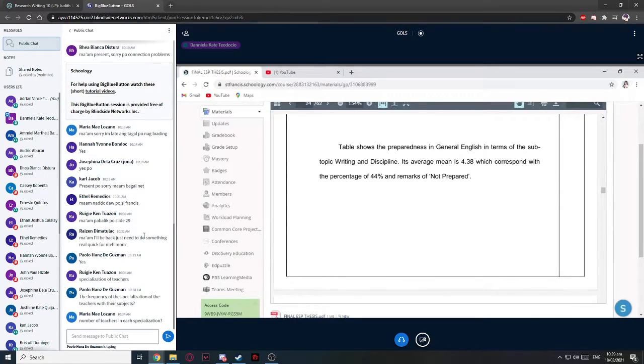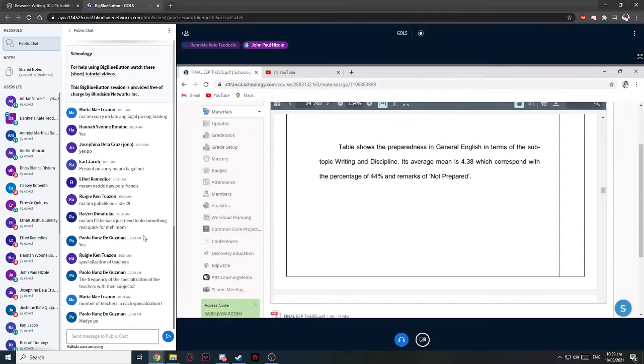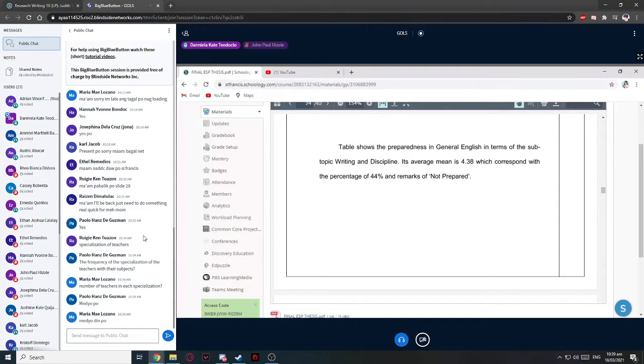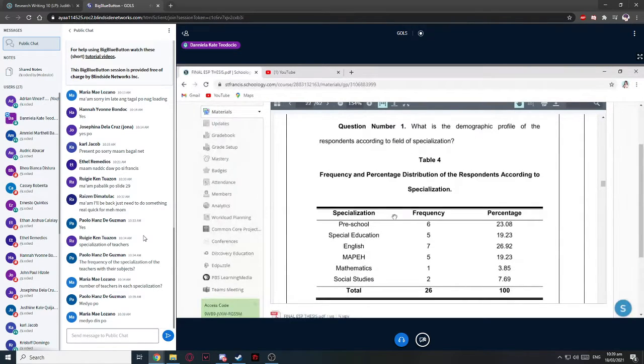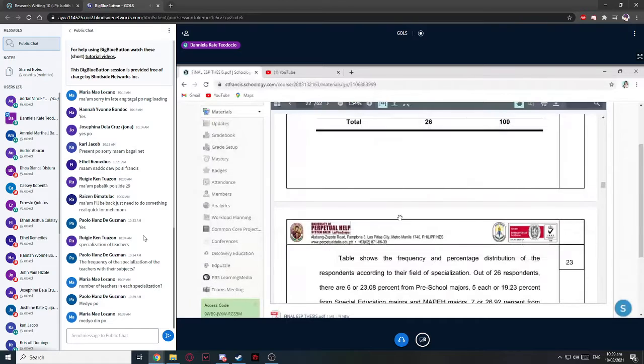Great then. Your chapter 3 will be grouped by your statement of the problem. Kung ilan ang statement of the problem nyo, yun po yung number din or yung bilang ng i-interpret nyo, ipipresent nyo at i-analyze nyo.